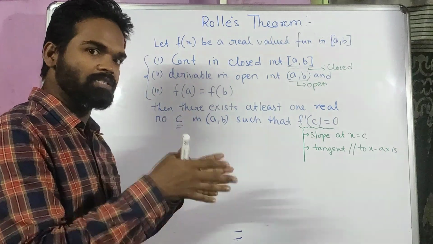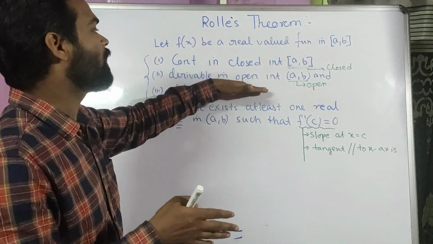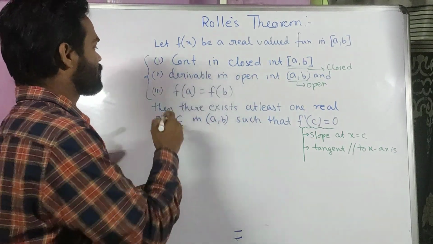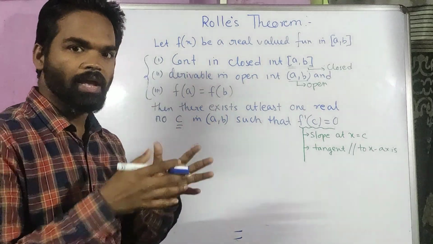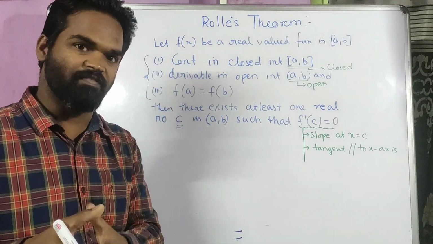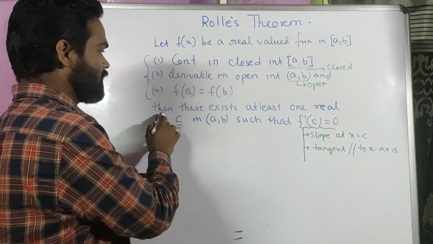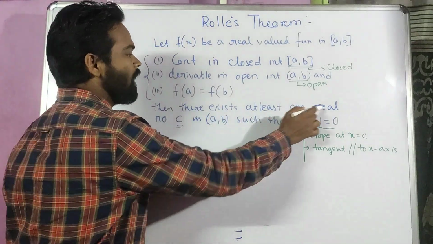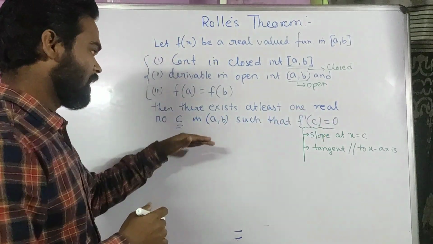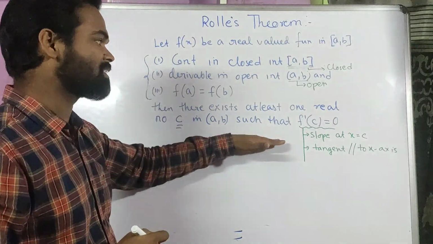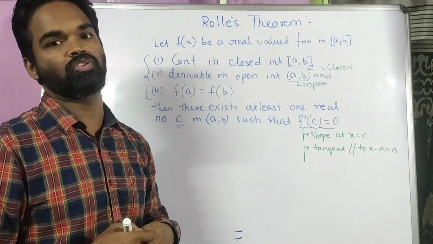So the function is derivable in open interval (a, b), and the third condition is if f(a) is equal to f(b), then there exists at least one real number c in open interval (a, b) such that f'(c) equals 0.